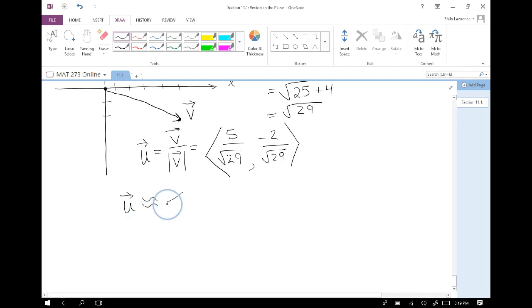So 5 divided by the square root of 29 is about 0.93, and negative 2 divided by the square root of 29 is approximately negative 0.37.